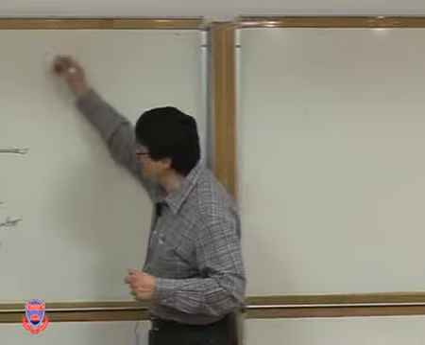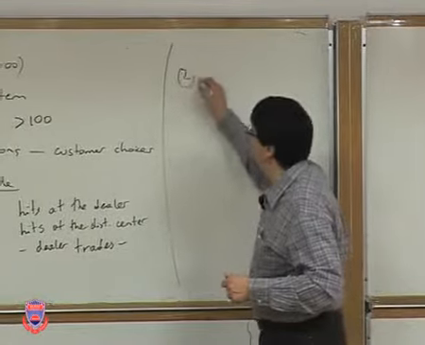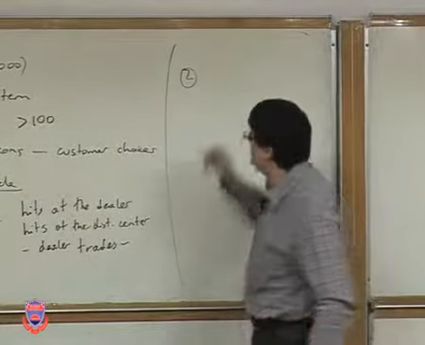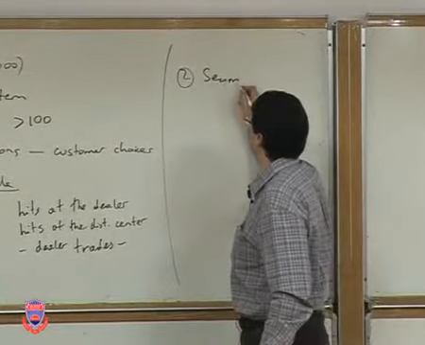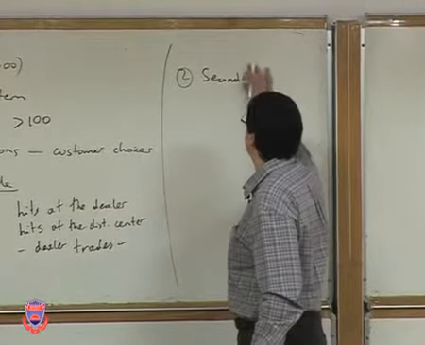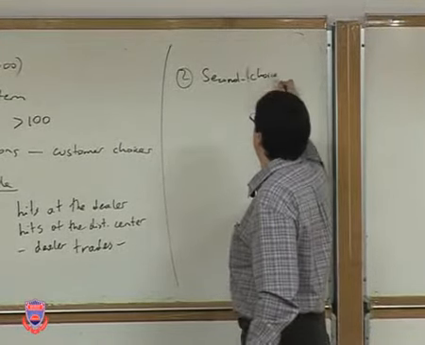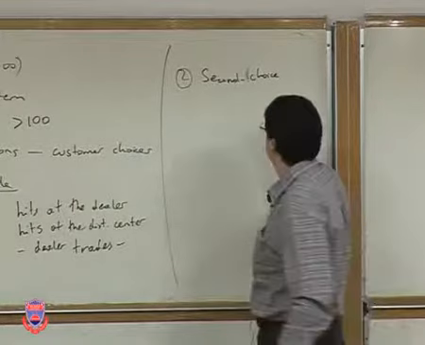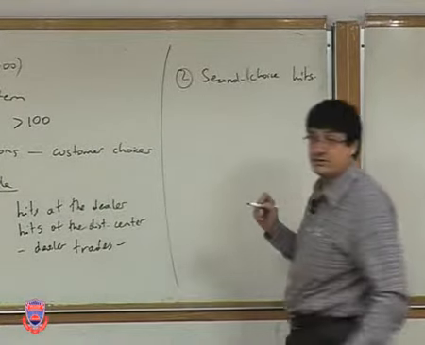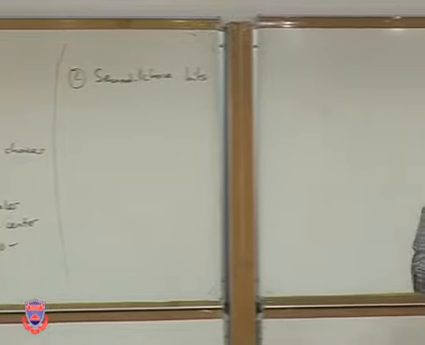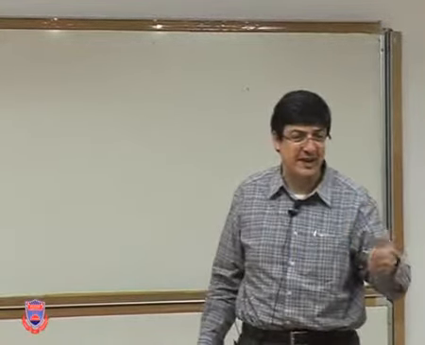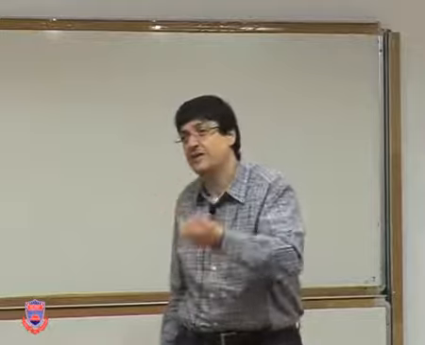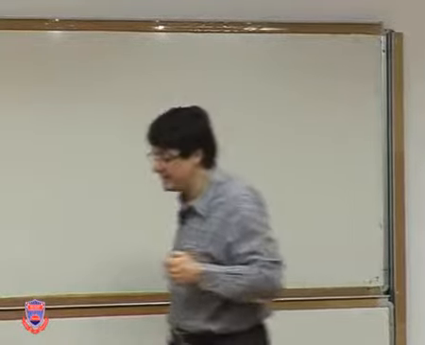Now, if this doesn't happen, what happens? Then the customer might go to the second best or second choice, and second choice is available at the dealer, so you're set. Okay, so it means that customers with a certain probability, if they cannot find their first choice, would go for their second choice, and if it is available, you're going to have a nice hit.